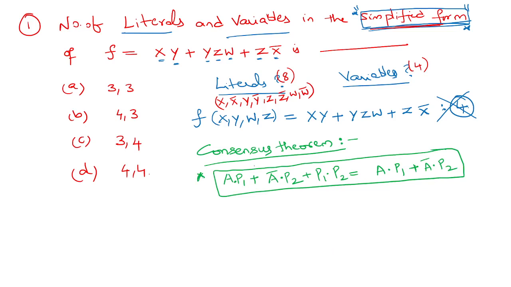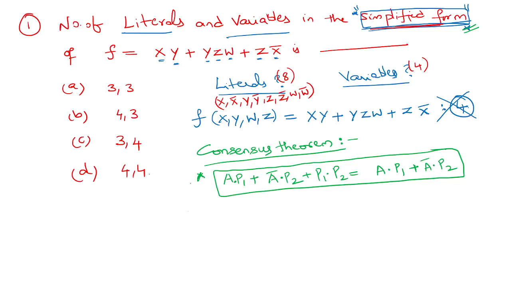Now, before you say this is a simplified form, before you utter that phrase, you need to cross check the consensus theorem. Whether I can apply the consensus theorem to this particular equation or not. Still, if you are not able to find out, then you can say that this is the simplified form.